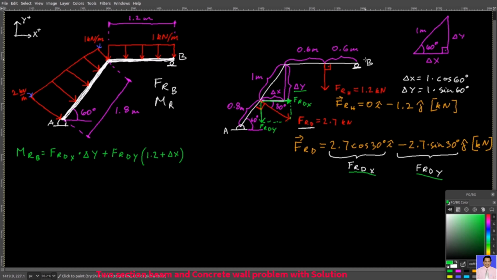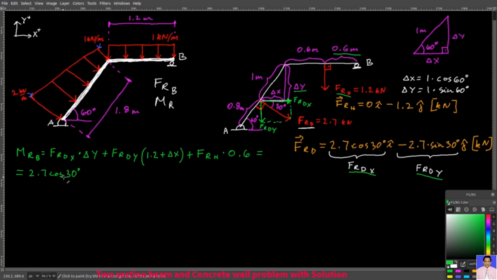The horizontal beam is 1.2 meters, but you also have to add delta x to it. And then of course, in this case as well, the moment that you have is counterclockwise. And then finally, you take FRH and you multiply it by 0.6 meters. So it's this force and this is your moment arm. And again, it's counterclockwise.